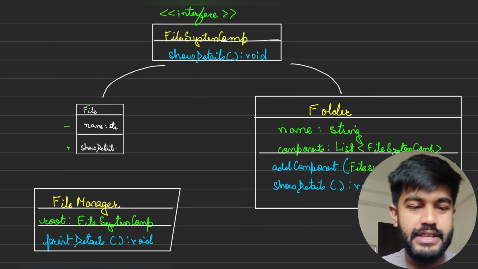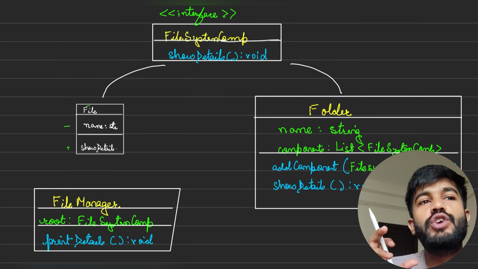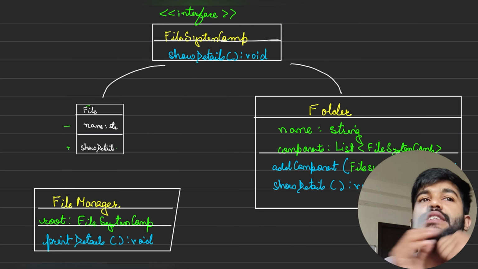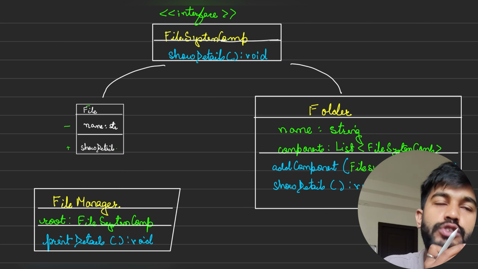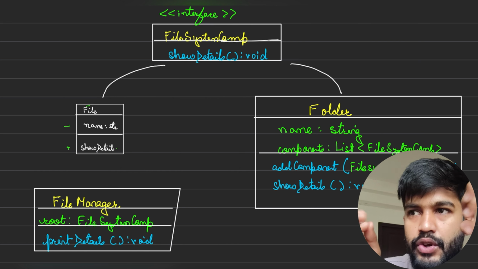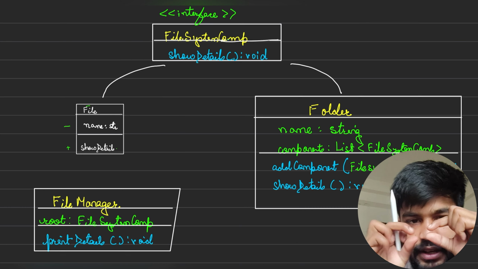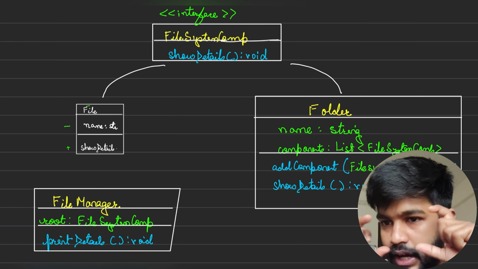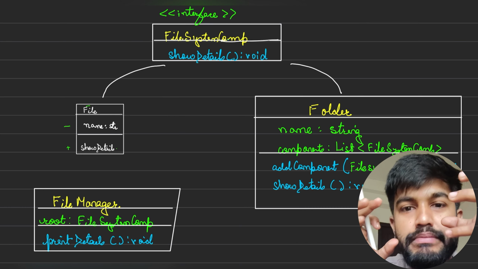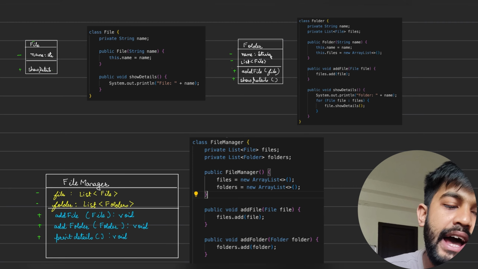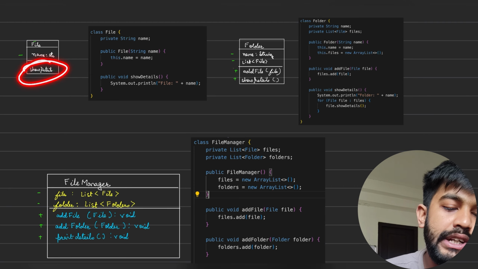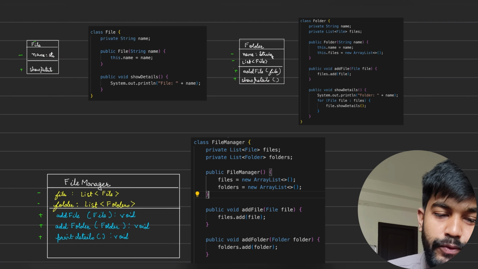So what we can do is, see, we need to consider both of them as a single unit. To have both of them as a single unit, we need to have a link between them. A link is formed through a similarity. The similarity we had earlier is the show details that exists between both of them.